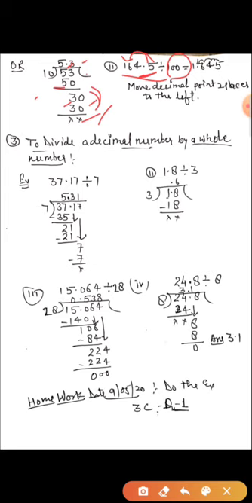Listen, when you have a division by 10 or 100 or 1000, you divide according to the number of 0s. How many 0s are here? 2. So you move the decimal two digits to the left, then the answer will be 1.645. When you move the decimal, we get the answer 1.645.